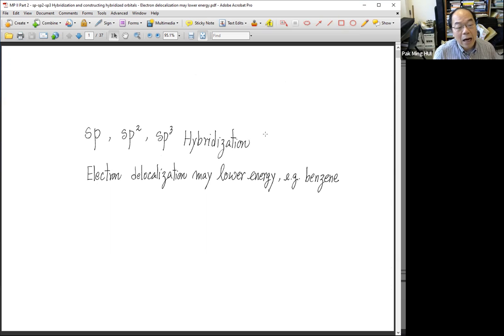I will start with the simplest thing called sp hybridization. It exists because the mathematics idea there is the simplest. And therefore, you can get the big picture first, and then carry this into sp2, sp3, life will be much easier. Okay, so let's move on.